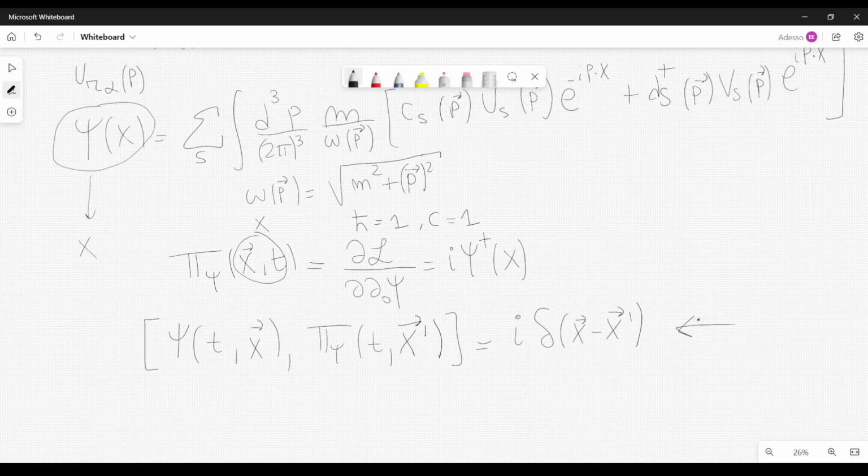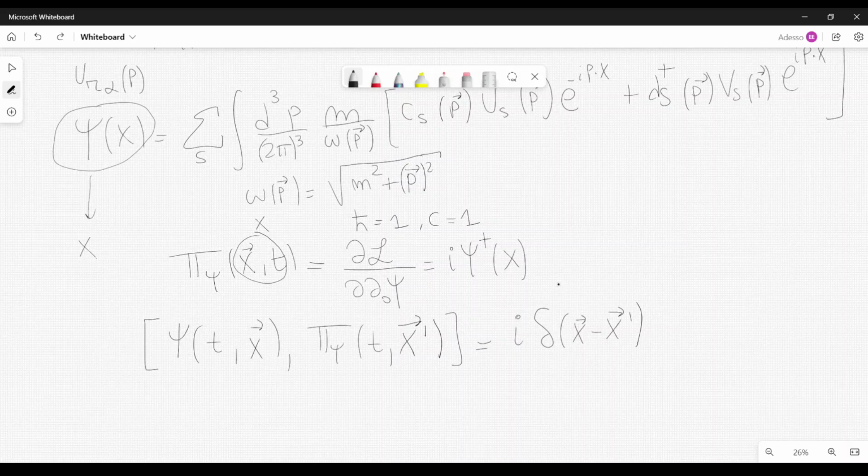This is very similar to the relation that we have for the commutation between position and momentum. In that case, we have the complex unit multiplied by not the Dirac delta but a Kronecker delta. So for example, if we consider the position x_j and momentum p_k, we have i times delta jk.